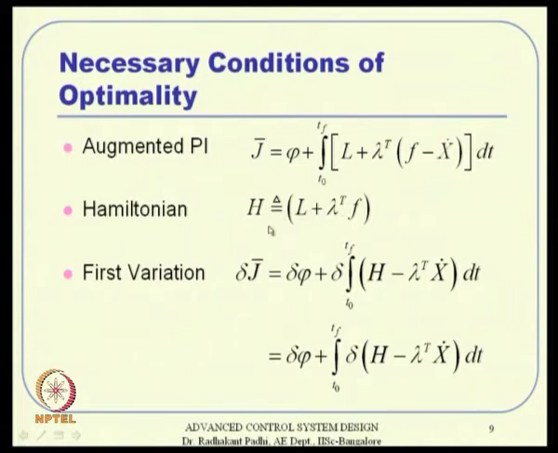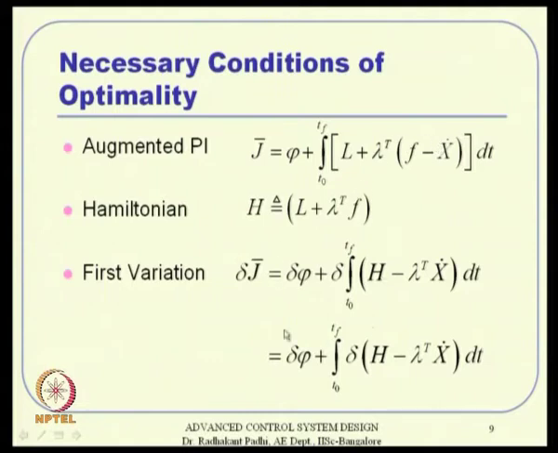This is a standard definition which helps with algebraic simplicity. Whatever is derivative dependent we leave as it is. So, essentially j bar is phi plus the integral from t 0 to t f of H minus lambda transpose x dot.